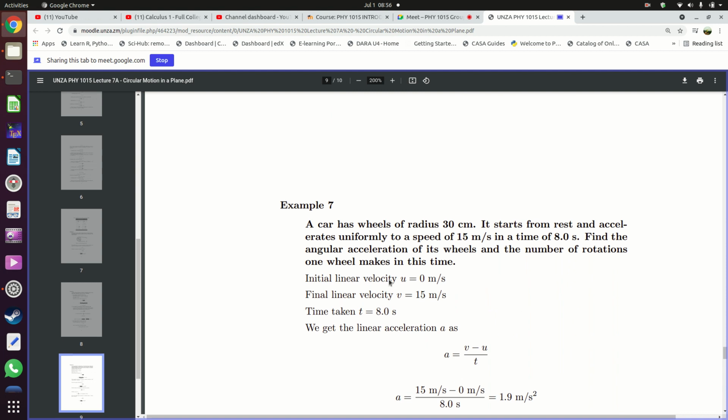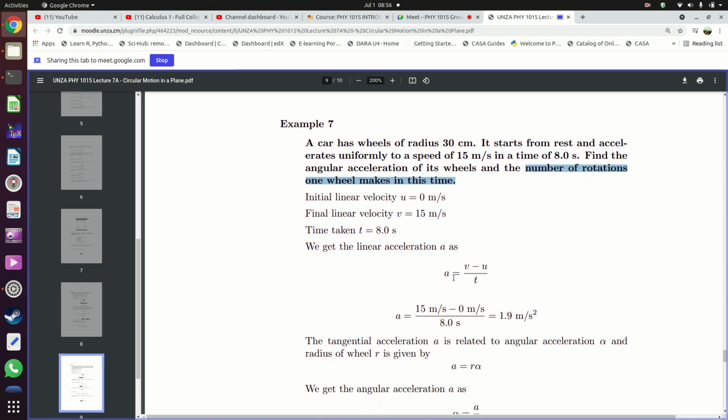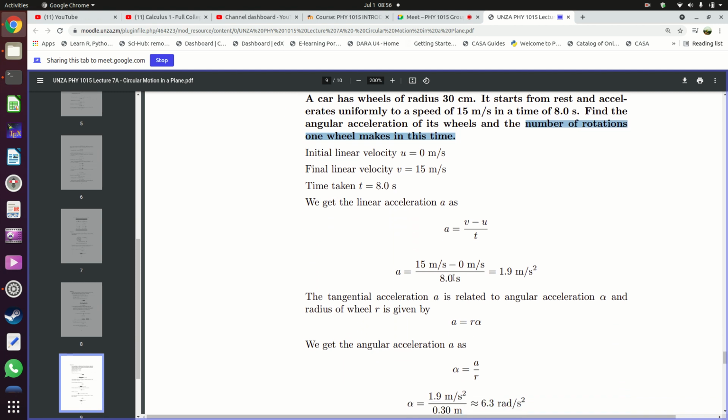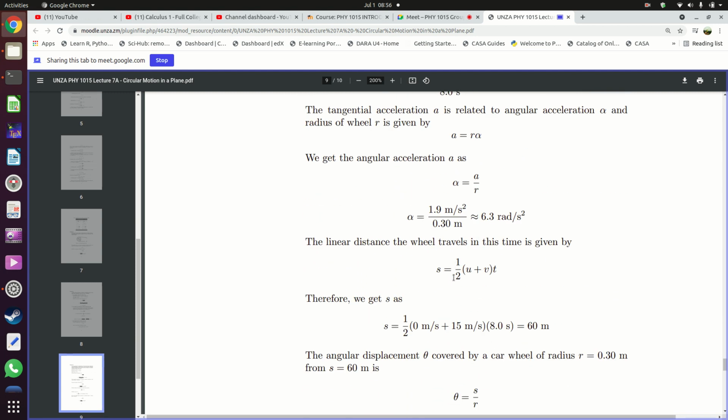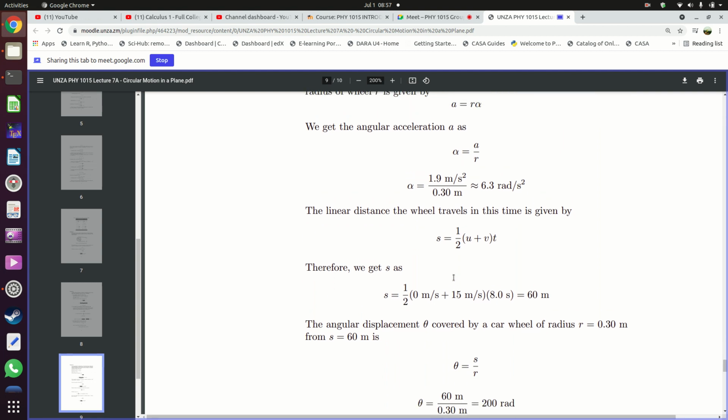Then there's another question which asks for the number of rotations the wheel makes in this time. The number of rotations is a measure of angular displacement, measured in terms of rotations or revolutions. Remember, angular displacement can be measured in radians, in degrees, or in revolutions.